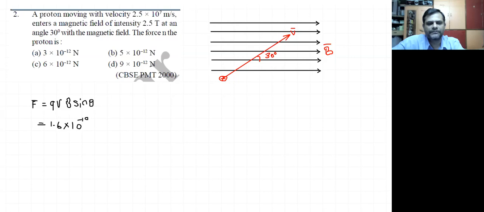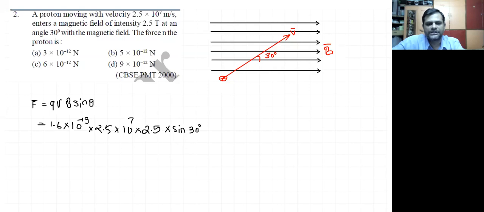You should know it. Okay, into velocity of the proton, which is already given to be 2.5 into 10 raised to 7. You can just put it here. So here we have put 2.5 into 10 raised to 7. And B is the magnetic induction, which is given to be 2.5 Tesla, which is to be put here, and sine of angle theta, where theta is given to be 30 degree here.